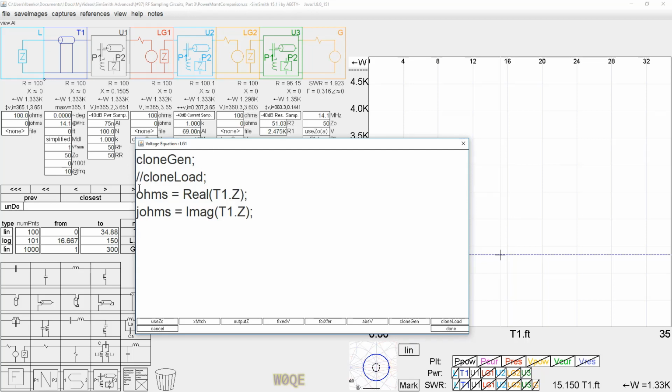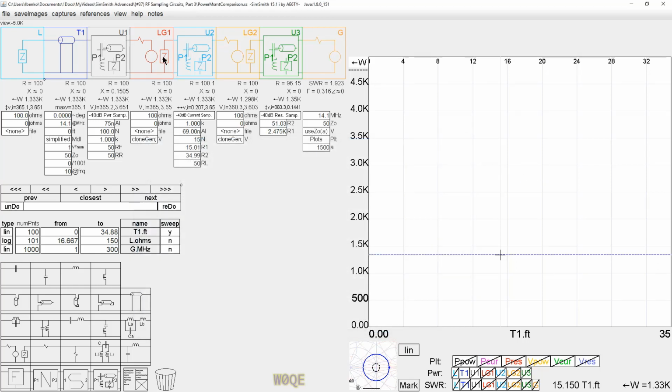I clone the generator, but for the load, the ohms part is the real part of the impedance seen right here, T1.Z, and the imaginary part is the imaginary part of T1.Z. Doing that makes this impedance, this impedance, and this impedance exactly the same.